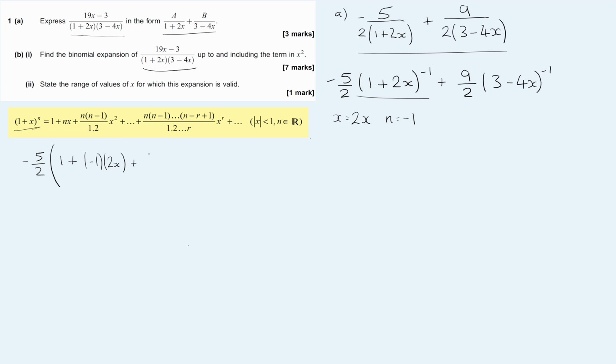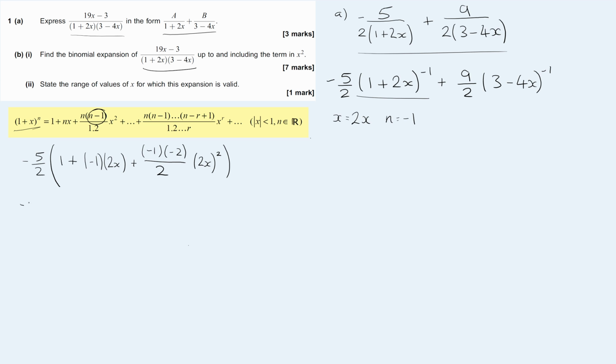I'm adding to that the fraction on the top here, so it's minus 1, then n is minus 1, so minus 1 take away 1 is minus 2. So I've got minus 2 on the top of that fraction. The dot, remember, means times, so I'm dividing by 2, and then it's x squared, but actually no, it's 2x all squared. And that's going to be multiplied by minus 5 over 2 in the end.